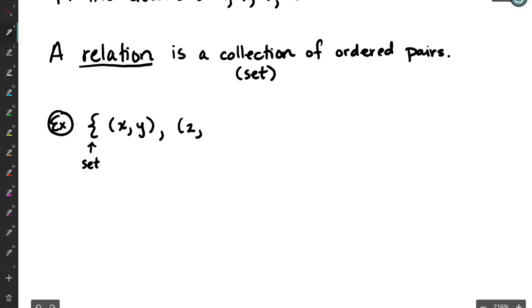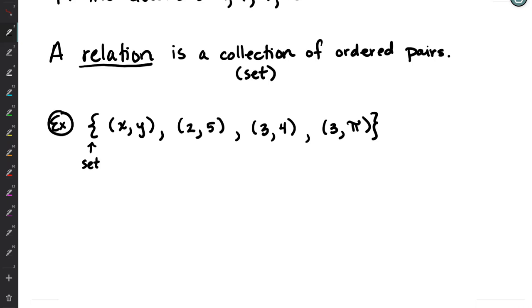So say 2 is sent to 5, 3 is sent to 4, and 3 is also sent to pi. Okay, so that's an example of a relation. It's just a collection of ordered pairs. They can be given to you by just being listed out, or they could be given to you by graphing them.